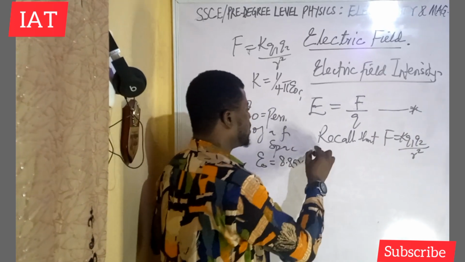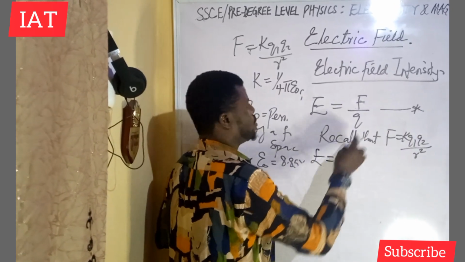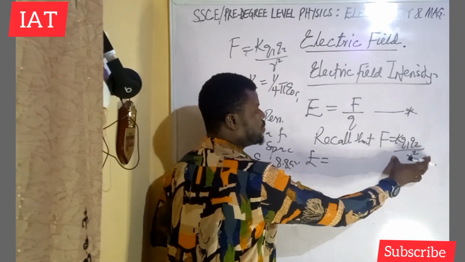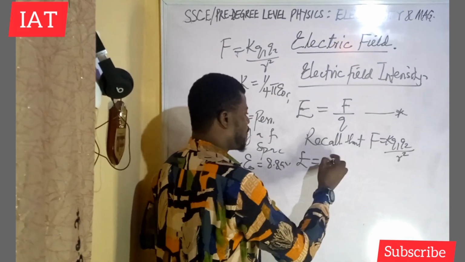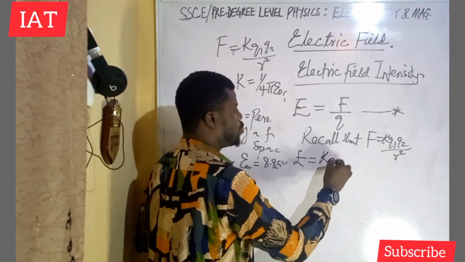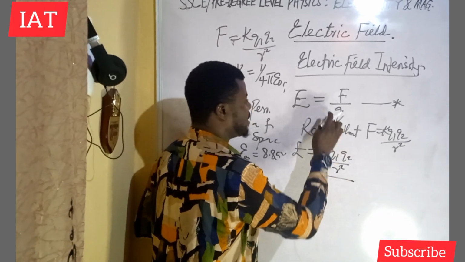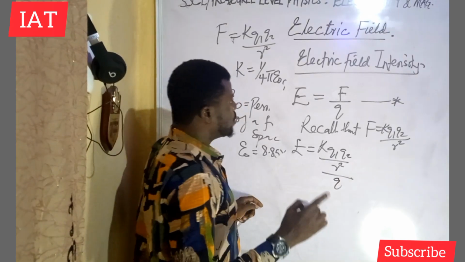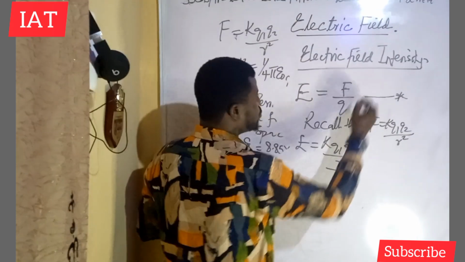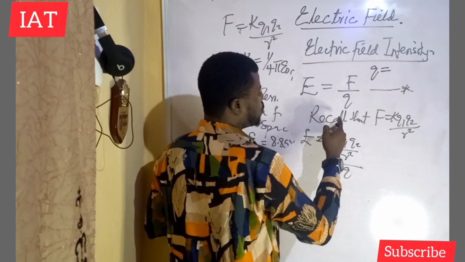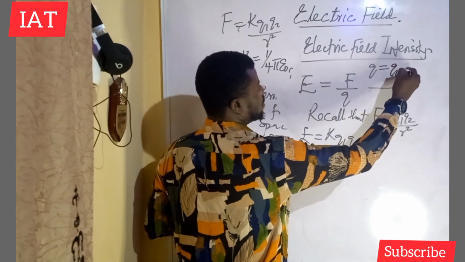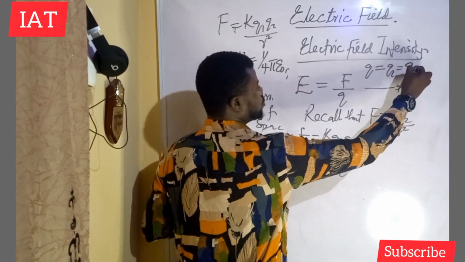So E will be equal to, in place of force, kq1 q2 all over r squared divided by this particular q. Note that this q is equal to q1 or q2.